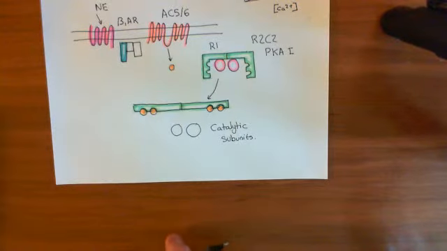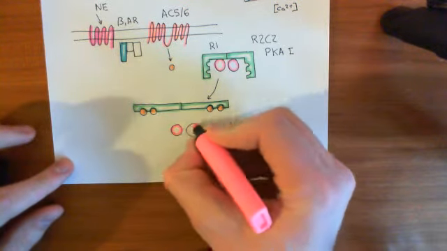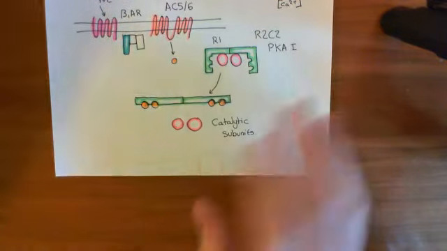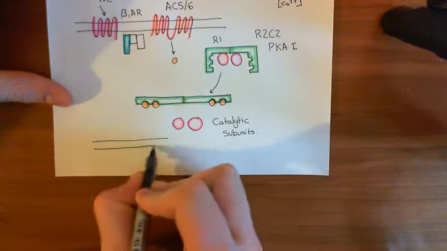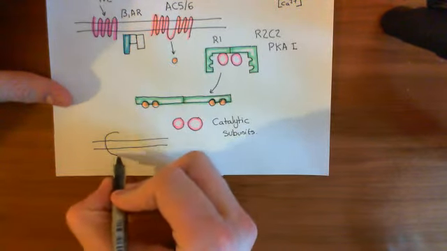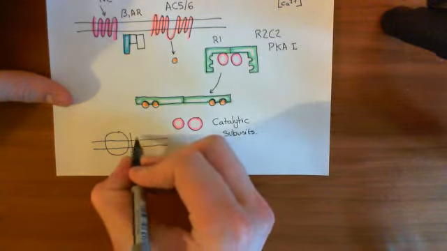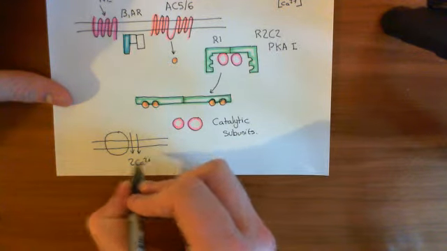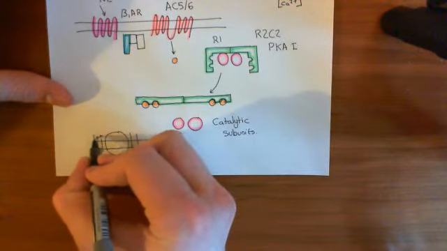Now, in this case, what they're going to go and phosphorylate is a protein which is associated with the SERCA2 pump. So here are our catalytic subunits. So now let's discuss our SERCA2 pump. So if this is the membrane of the sarcoplasmic reticulum here, then basically here is the SERCA2 pump, which, remember, pumps 2 calcium ions into the sarcoplasmic reticulum lumen in exchange for free protons moving out of the sarcoplasmic reticulum lumen.